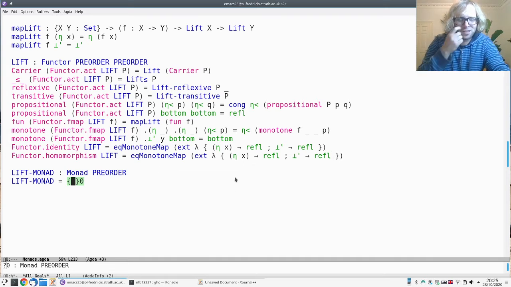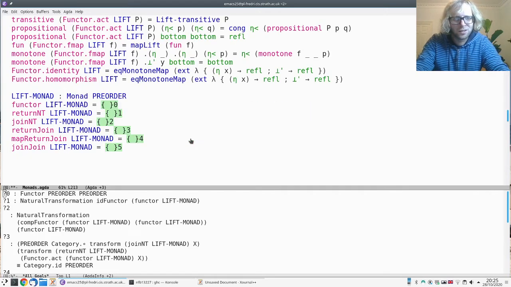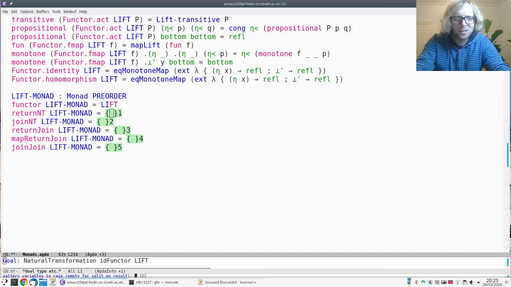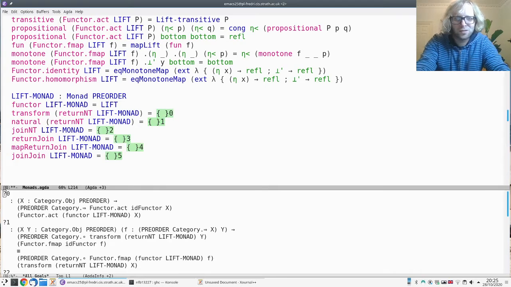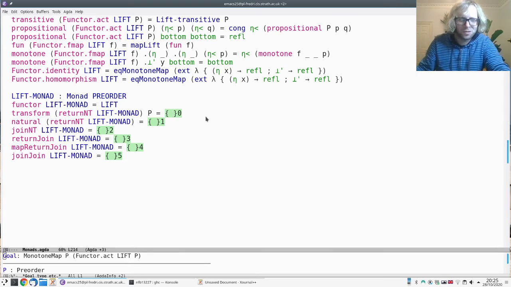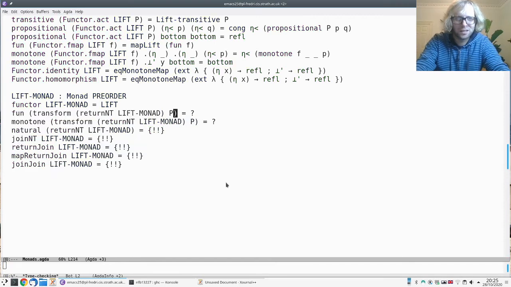Okay, so now let's see if we can actually define this monad. So we have a functor. So we're going to use that as the functor. And now here we need return. So to transform this for a given p, we need a monotone map from p to the lift of p. Right.